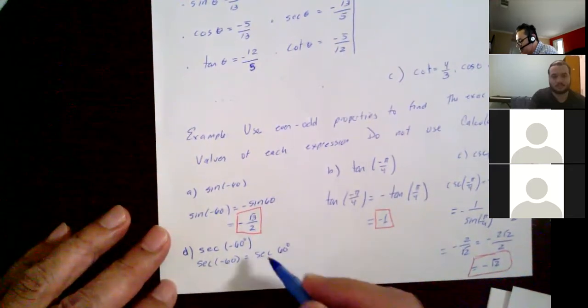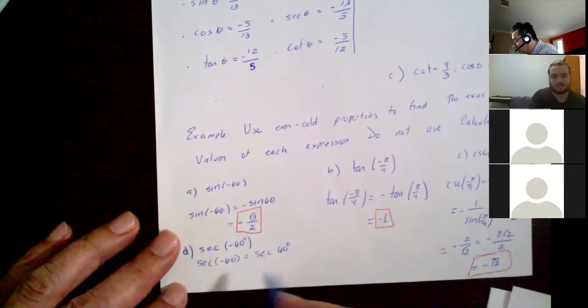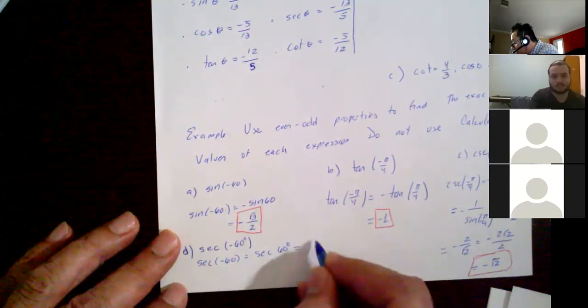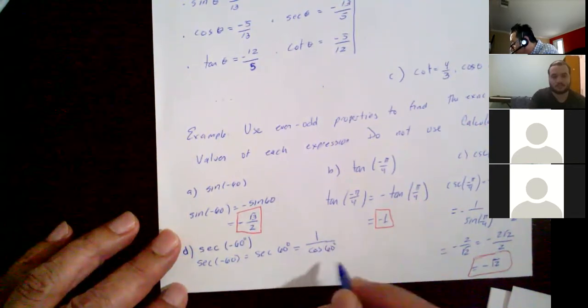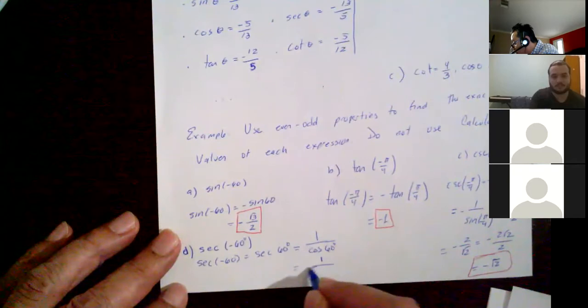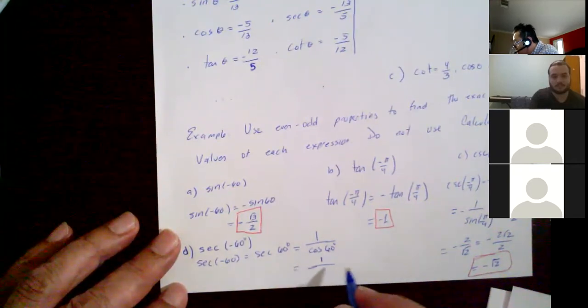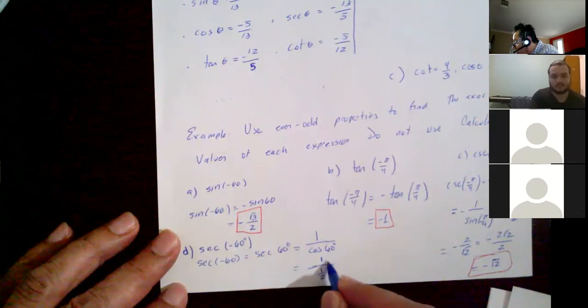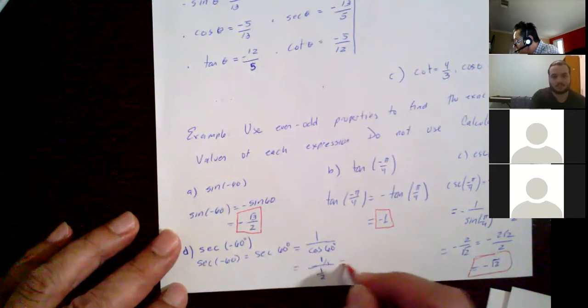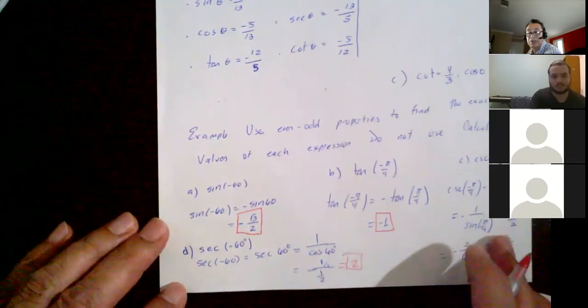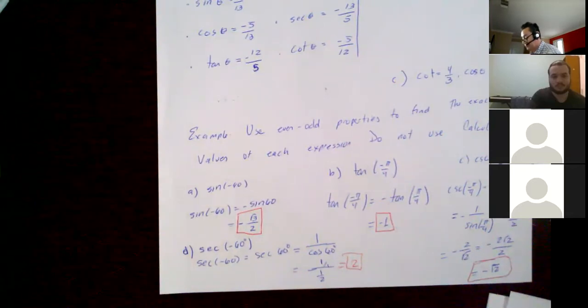So I can use the reciprocal of the secant, which is the cosine. So this is the same as 1 over cosine of 60. What is cosine of 60? It is 1/2. So 1 divided by 1/2 is what? That happens to be 2, you guys. That should be the answer.